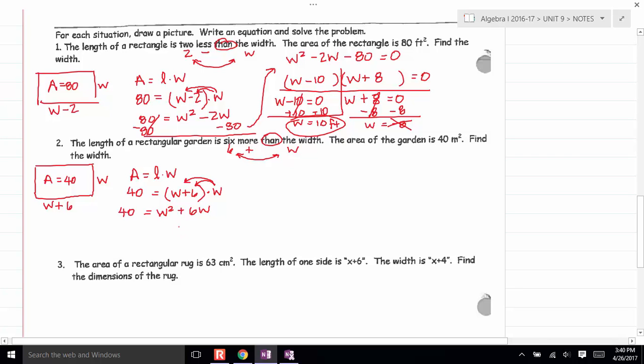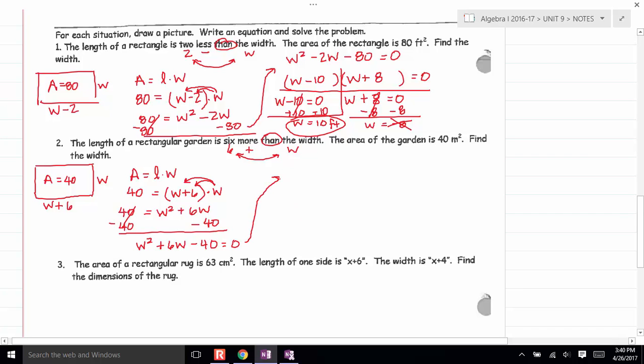Again, I think it's usually a good idea to try factoring first because that's usually your quickest option to get the answer. So to do that, we're going to subtract 40 from each side. So that way, we're going to get the equation W squared plus 6W minus 40 equals 0.